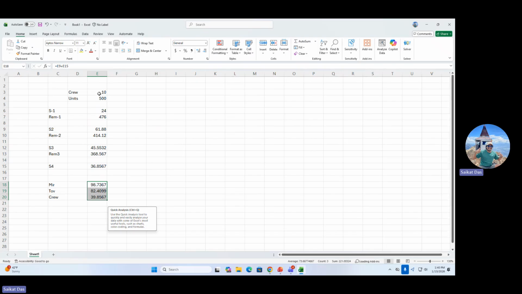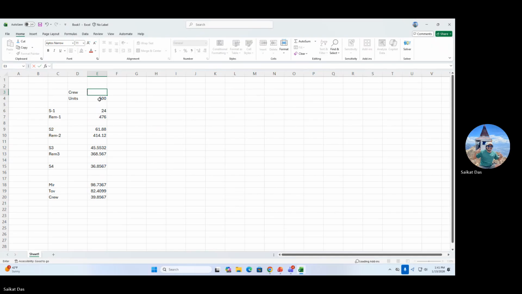You can generate another test case here. 500, too much. Maybe 100 and 5000. This is the second test case. It could be anything, right? You can write here like 39 crew and 500 units. This can be a third test case.